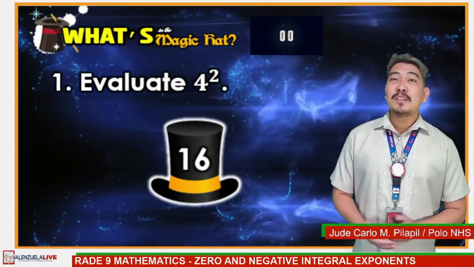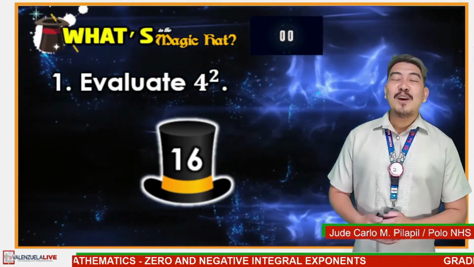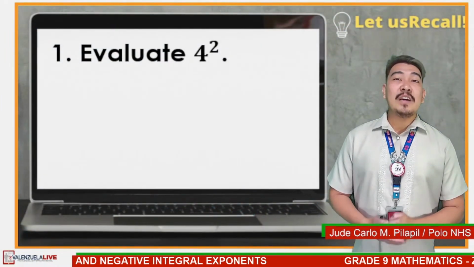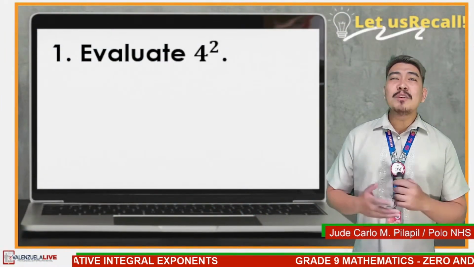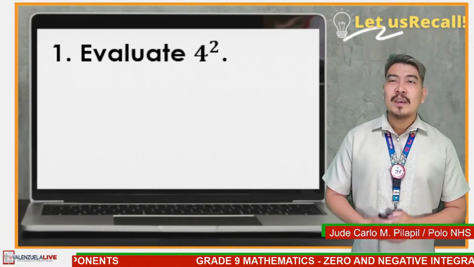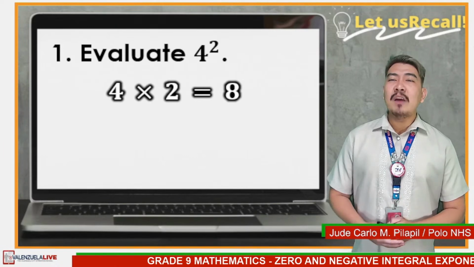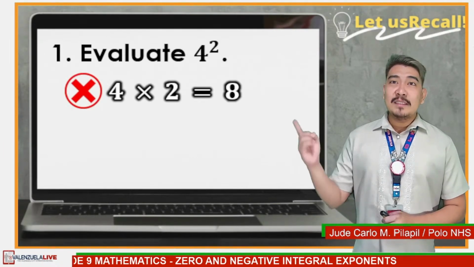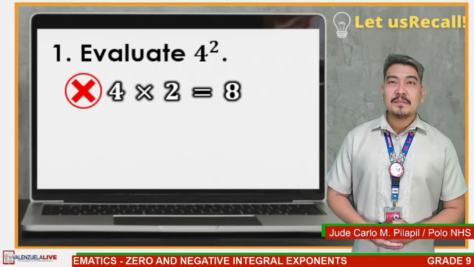If you dropped the orange hat, you are correct. Common mistake in evaluating this kind of expression is by multiplying the base 4 and the exponent 2. That is why some commit error of having an answer that is 8. This is incorrect.